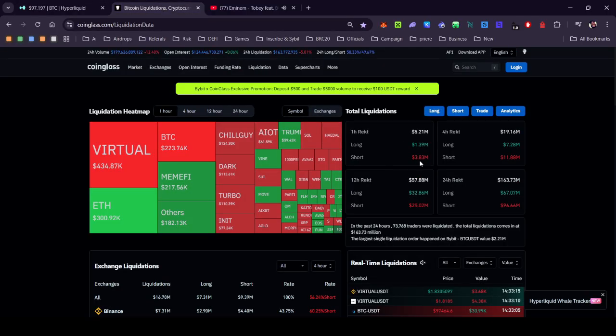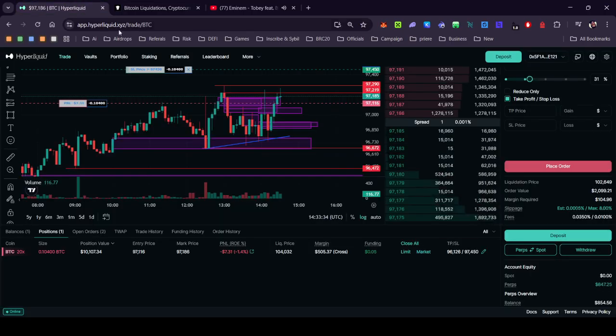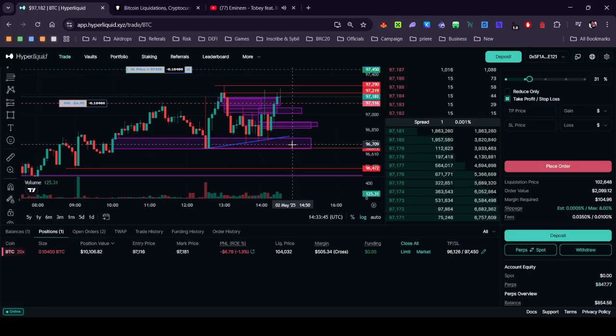Currently, shorts have been close to the liquidity of 4 million and on the 24 hours close to 100 million. Market makers want to see the 100 million liquidation mark. And now it is happening in the range of $400.